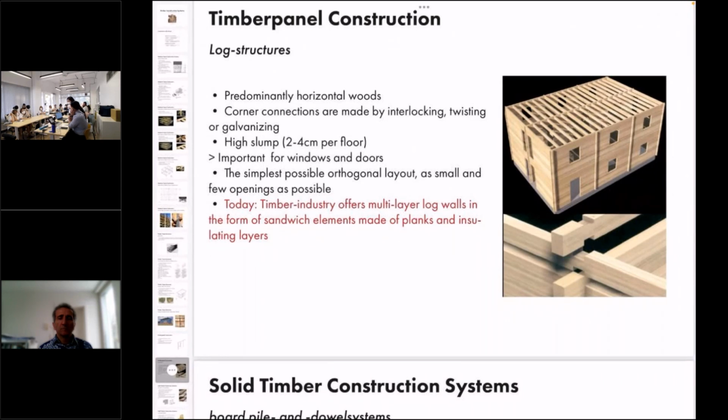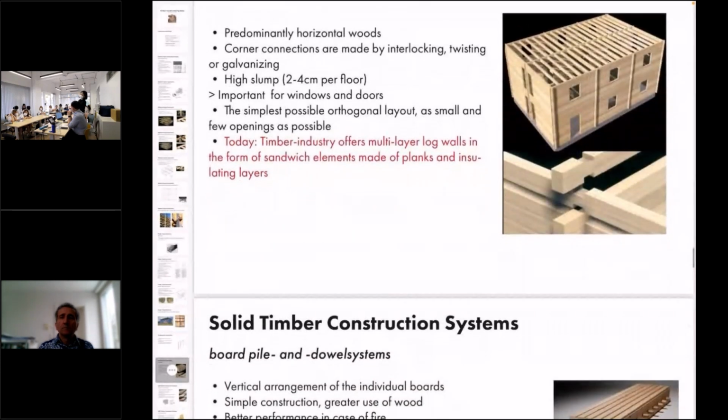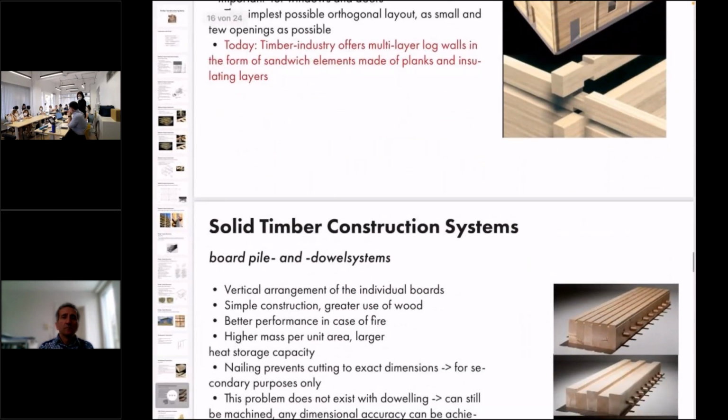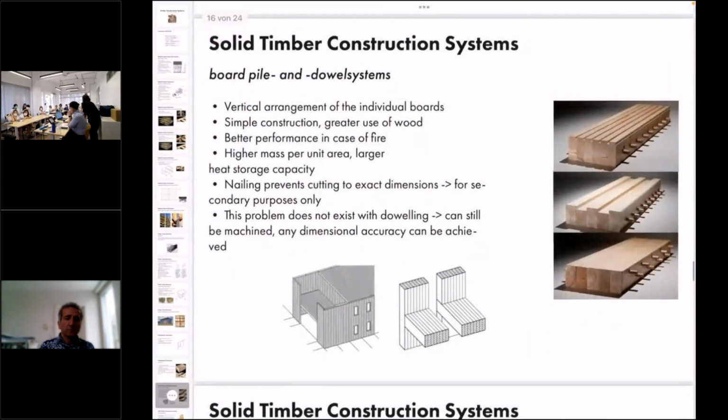And nowadays there are also variations from the industry to have panels for this type of construction with multi-layers and insulation. Another solid timber construction system are the board pile and dowel systems, which are basically the boards are nailed together, or they are put together by dowels.